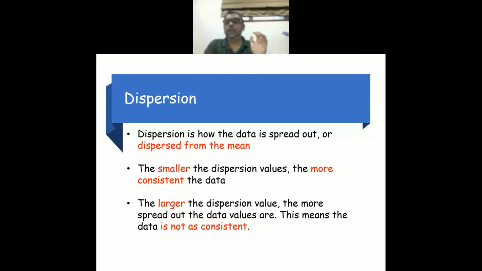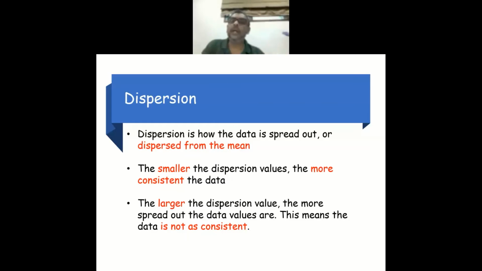The smaller the dispersion, the more consistent the data is. For example, let's say you are taking the number of male students, age 15, in a particular area. You want to see the data dispersed, but not too dispersed. The dispersion value needs to be small, meaning it's consistent.